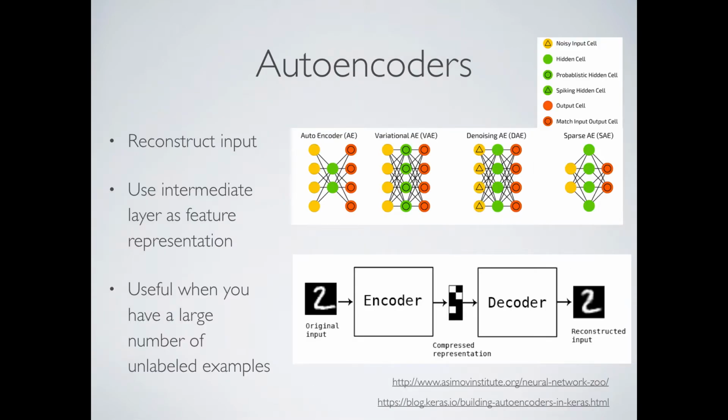So autoencoders. This is a good introduction to neural networks, and I link it here: Keras has a blog post about getting your feet wet with actually doing this in code with Keras. What an autoencoder essentially is, is a normal neural network, just like I showed you a couple slides ago. But rather than predicting a specific class for a specific problem, it basically just tries to reconstruct your input. So your input layer actually looks exactly the same as your output layer.